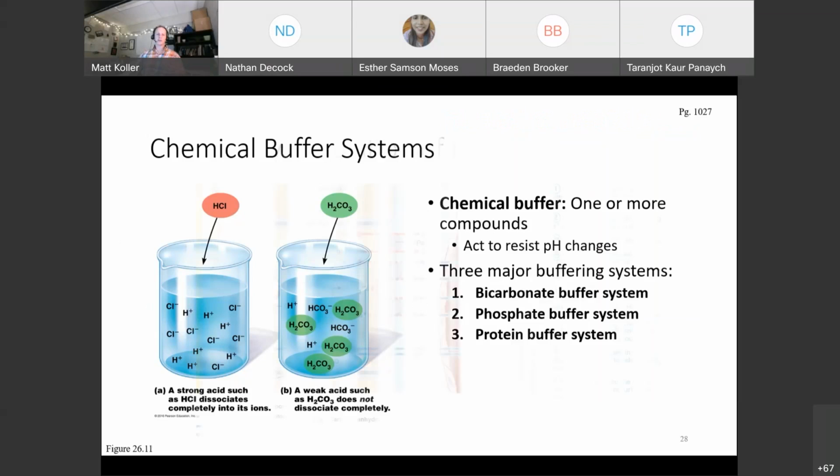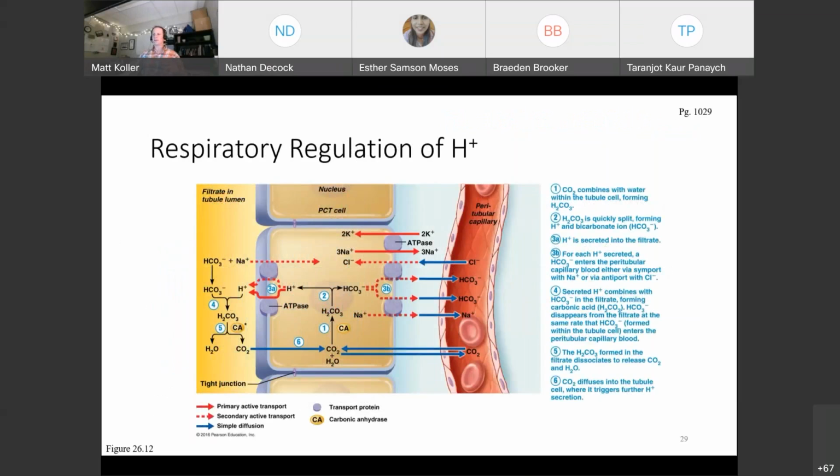And this is where we start to get to these complicated diagrams, but really this is just to walk you through this and show what's going on. So you have carbon dioxide. So we're going to go to number 1. Carbon dioxide will combine with water within the tubule, and it forms H2CO3. And then H2CO3 is split. We have a hydrogen ion and we have a bicarbonate ion.